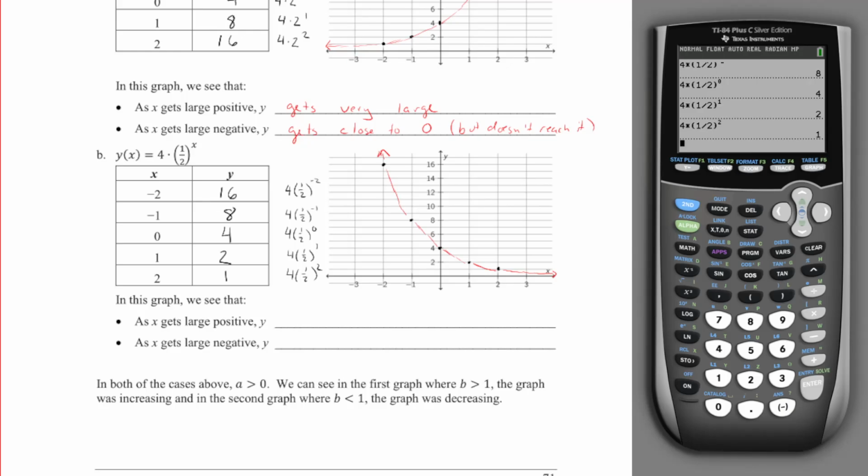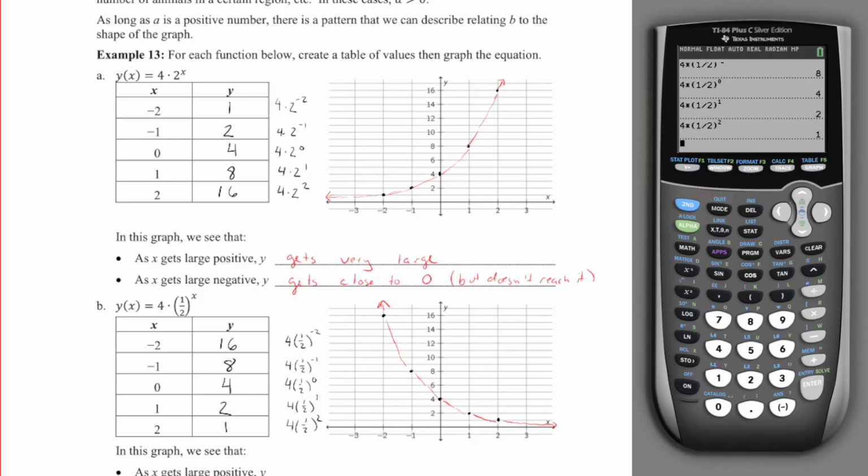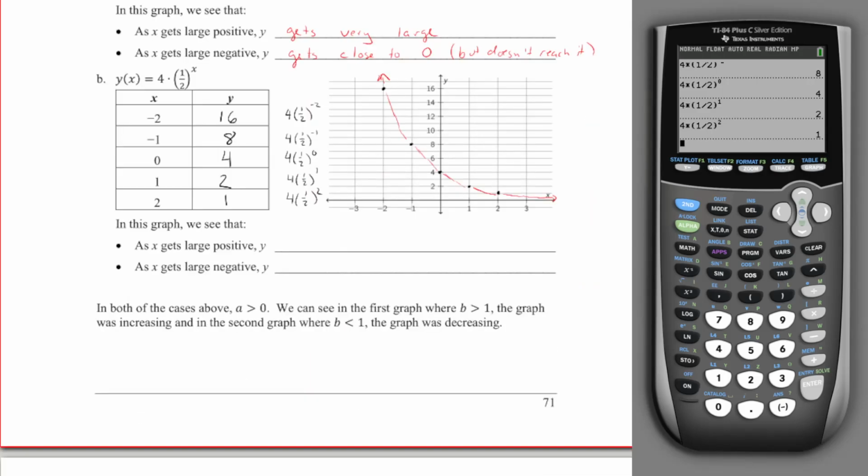Right, look at these two shapes together. It almost looks like they're mirror images of each other. So the first one is increasing, right? It starts out close to 0 and then gets very big. The second one is decreasing, so it starts out very big and then gets very close to 0.